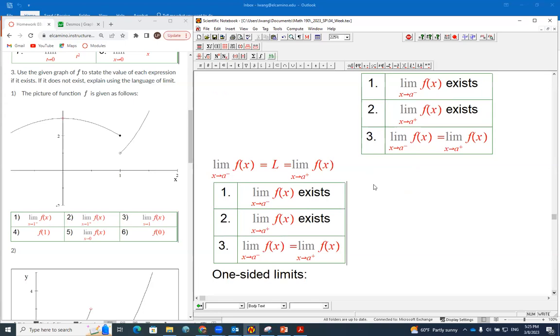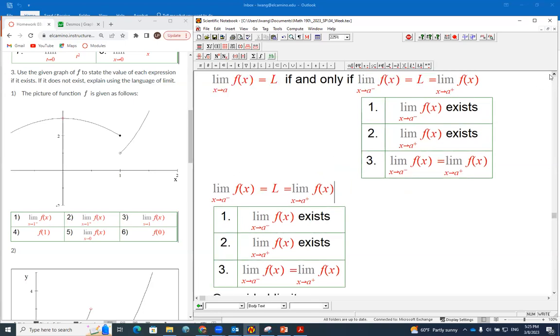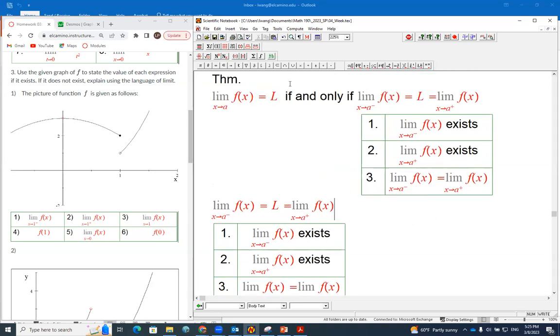If this is true, then if and only if, I'm just going to switch the direction, I just switch sides, still the same theorem.